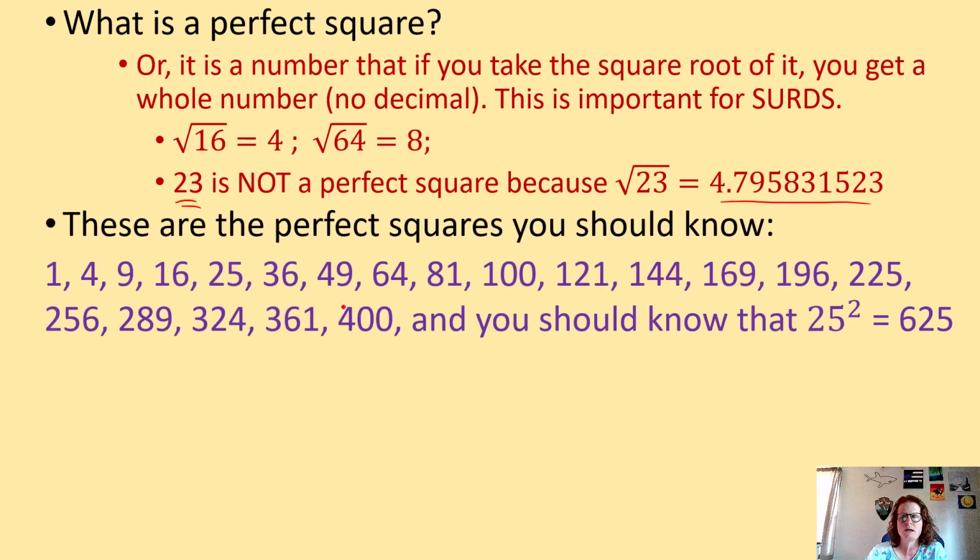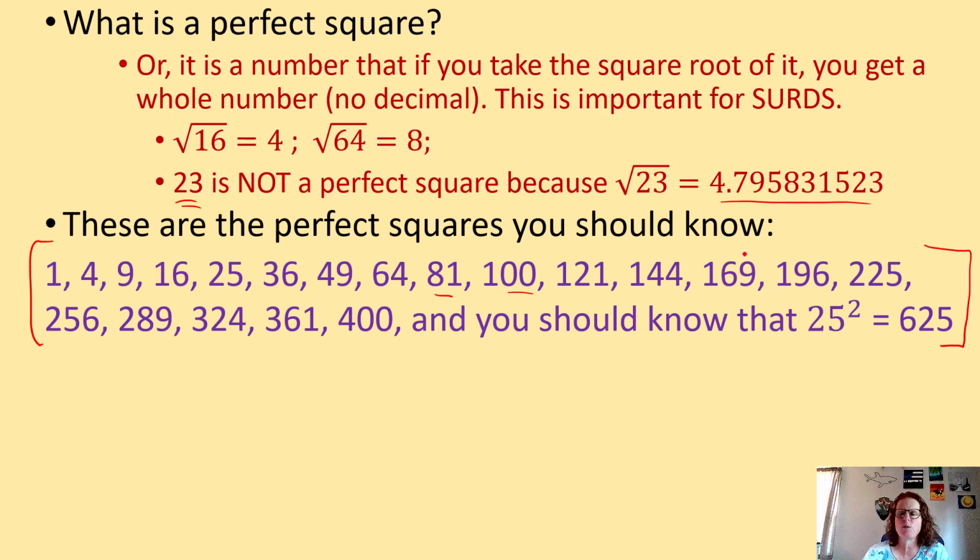Okay? These are the perfect squares that you should know. So if I take the square root of any of these numbers, I get a nice whole number, no decimal. You need to write these in your notes and you need to know them. Most of them you can do 1 through 10: 1, 4, 9, 16, 25, right? Because 4 times 4 is 16, 9 times 9 is 81, 10 times 10 is 100.